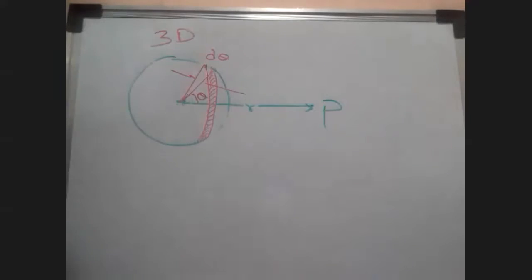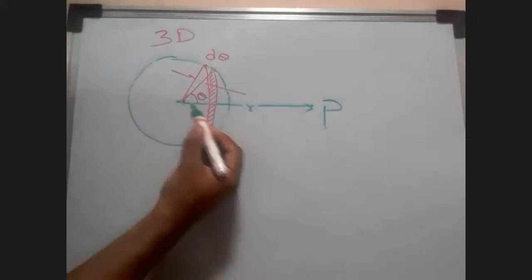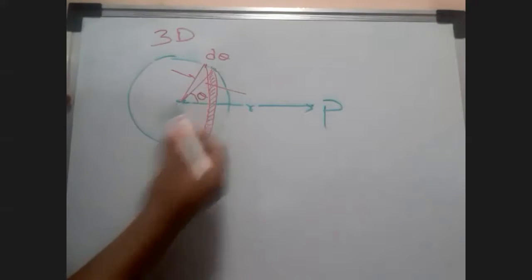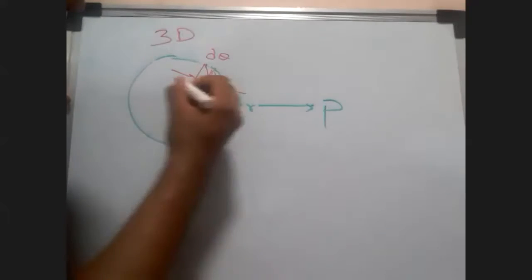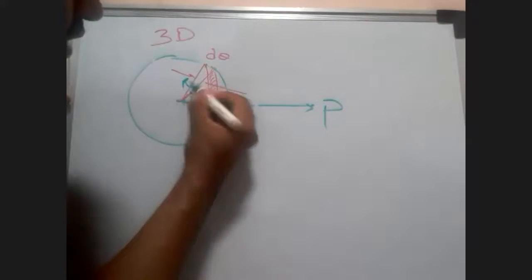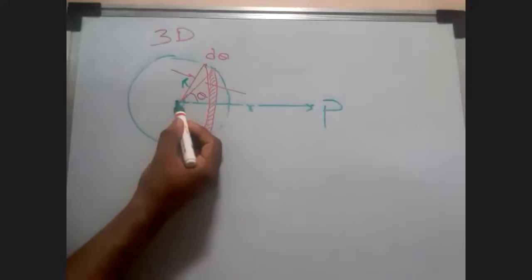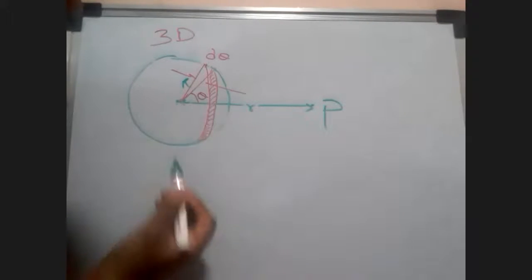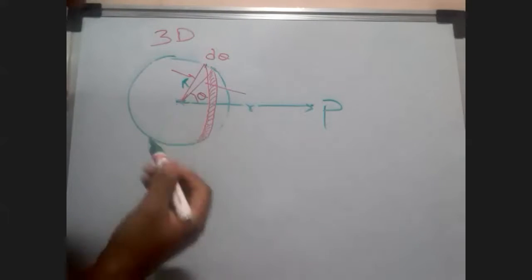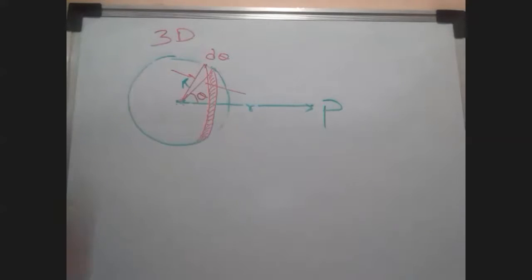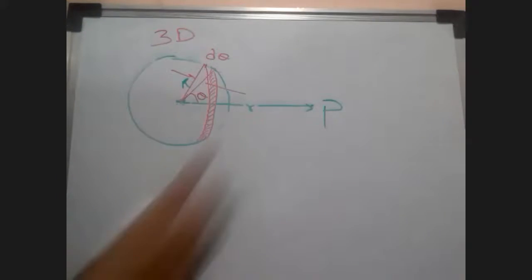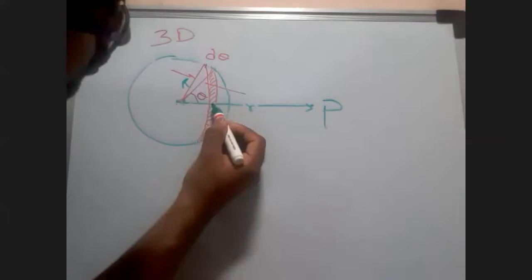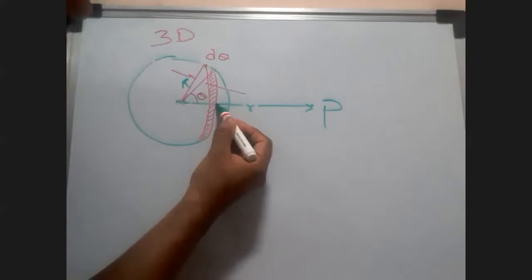Considering the fact that this sphere has a radius capital R, you want to find out the radius. When you're finding the electric field intensity due to this ring over here, you will have to find out the radius from the center of this ring, not from here.